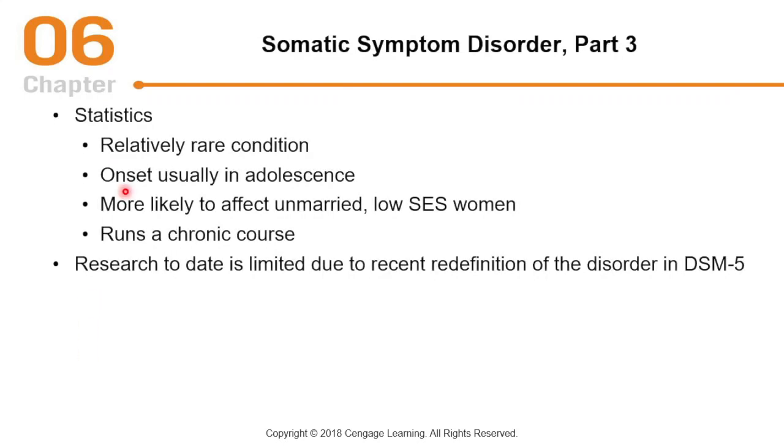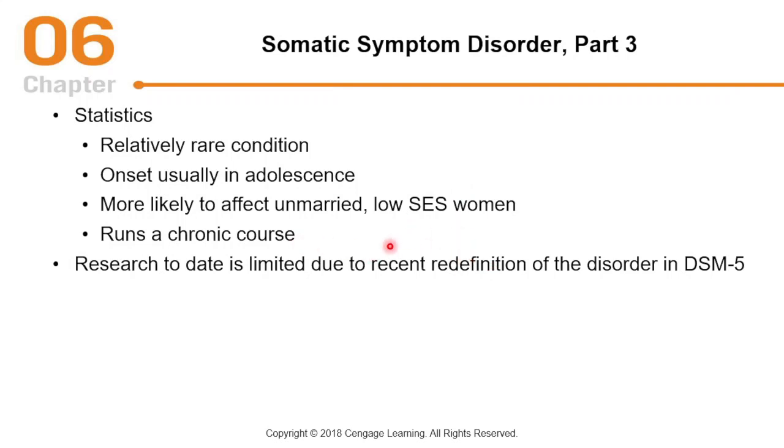In terms of the statistics, this is actually a relatively rare condition. However, the onset or what they have found in the patients diagnosed with that is that it can start during the adolescence. And then, what they also saw in the statistics is that it is more likely to affect unmarried women and women from the lower socioeconomic strata.